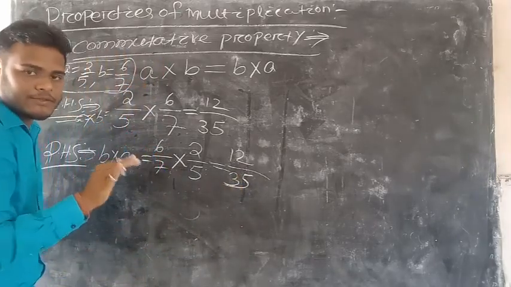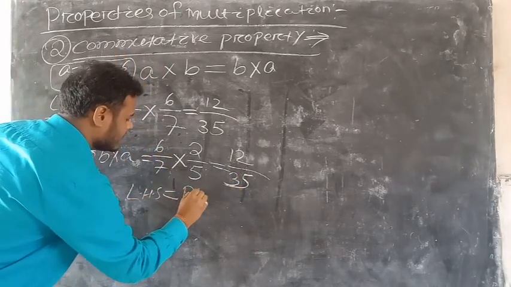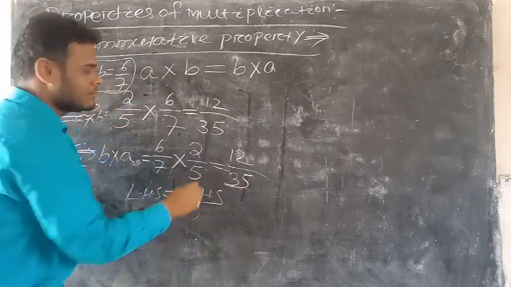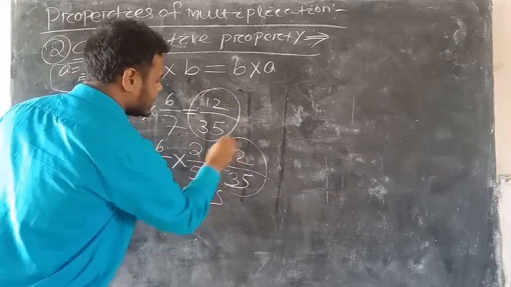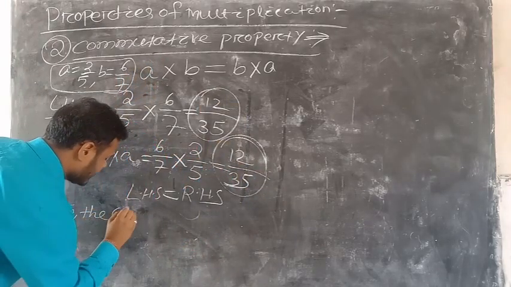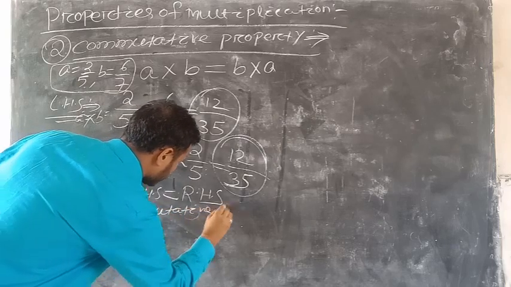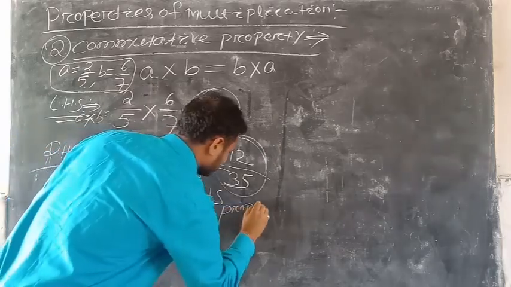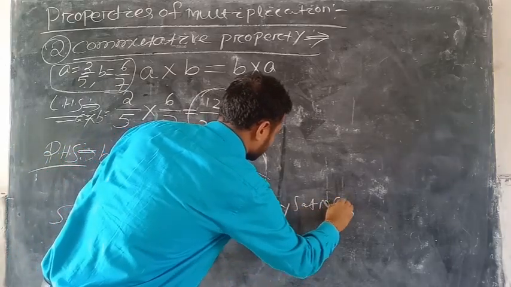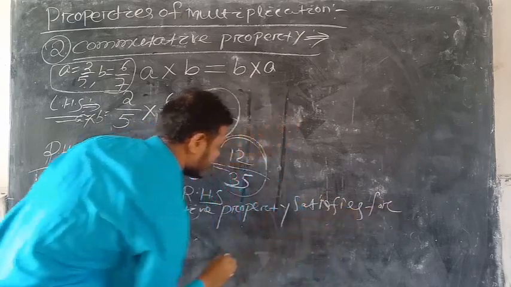Hence I get to know that the left hand side is equal to the right hand side, 12 by 35. Both answers are coming out equal. So the commutative property is satisfied for multiplication.